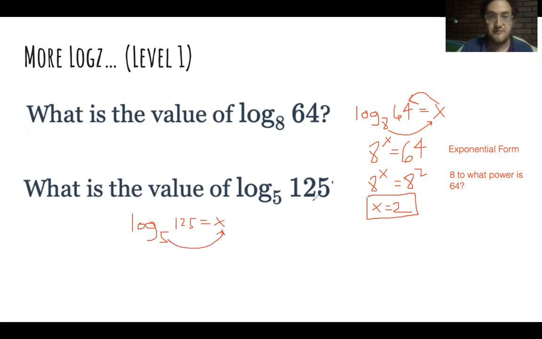So for log base 5 of 125, we write 5 to the x equals 125. My goal is asking, 5 to what power equals 125? And 125 is basically 5 to the third, making x equal to 3.